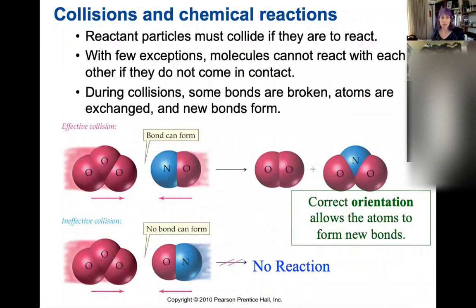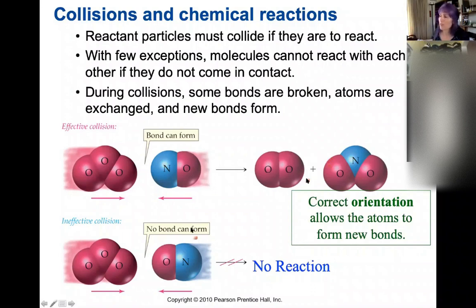So you can see in this picture, in order for that oxygen to go from the ozone onto the NO to form this new bond, it has to be oriented in the right direction. It has to come together, it has to have a collision, it has to have enough energy to break that bond, and it has to be oriented in a way that the reaction can happen.